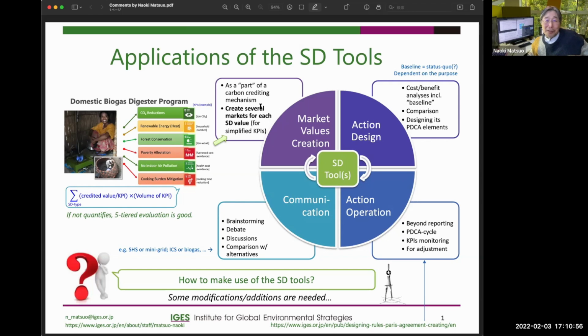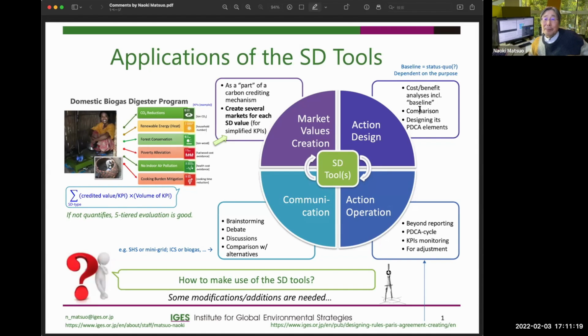That's one point. Another way of thinking is that for the project or action design, how to design that action, of course, the cost-benefit analysis is needed, including a baseline. So benefit, for example, in this case, includes that kind of SD component.